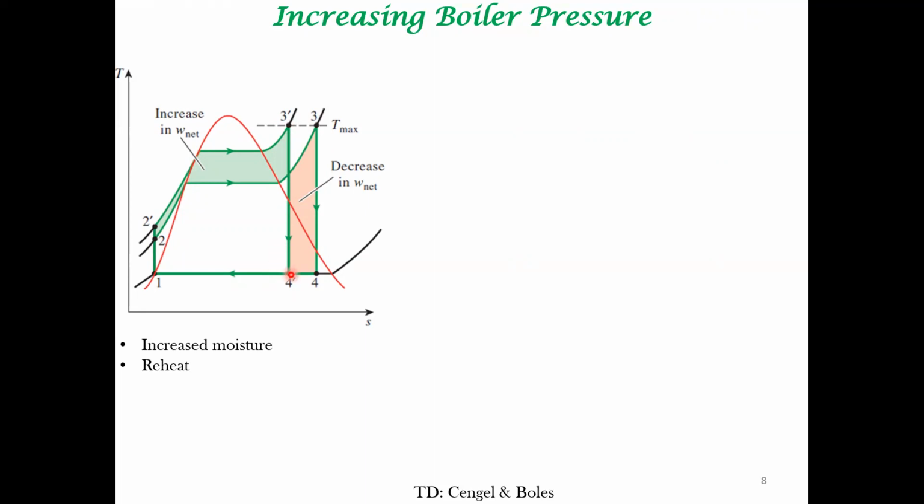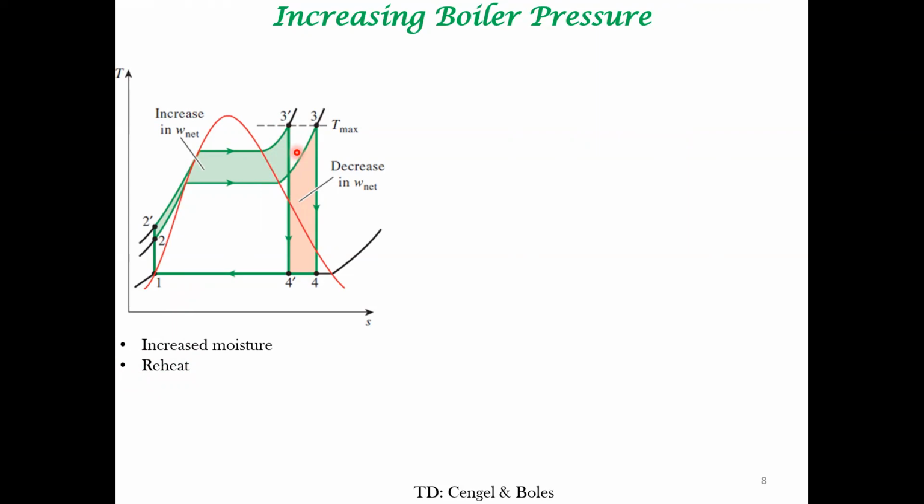To overcome this, there are approaches where you operate at a higher boiler pressure and then reheat the steam. There are other approaches which combine higher boiler pressure with reheating, but we don't look at such processes within the scope of this class.